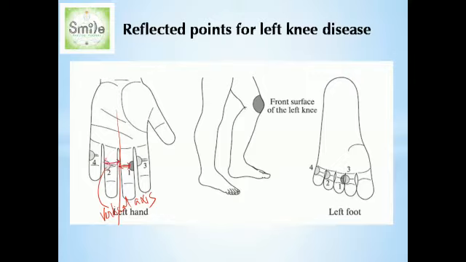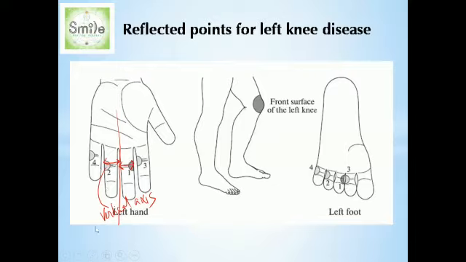Object distance is equal to image distance. So the image of this point will come on this finger. If this is the vertical line, imagine this is a mirror. So this object distance is equal to the image distance, and the image of this point will come over here, the second point.